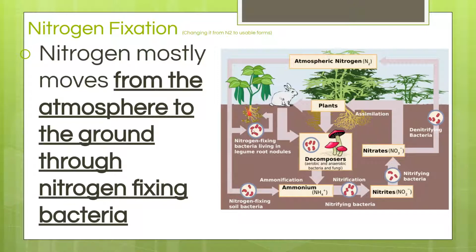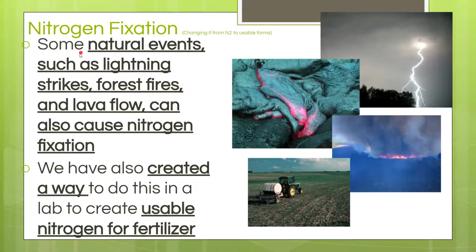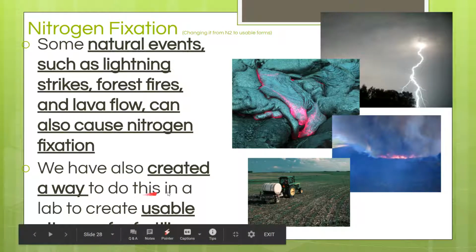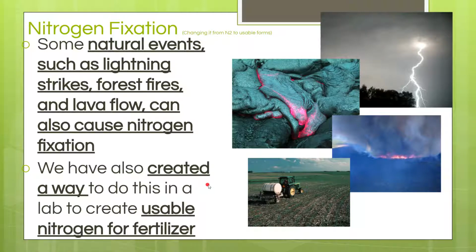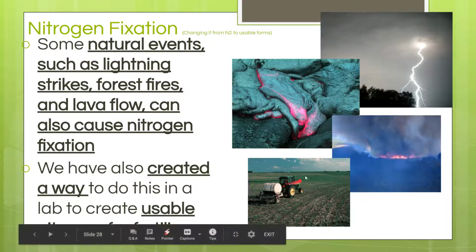So we have nitrogen-fixing bacteria living in the legume root nodules. This is primarily where nitrogen fixation occurs. It also occurs through some natural events such as lightning strikes, forest fires, and lava flows. There's a way to do this in a lab, to create usable nitrogen for fertilizer. So that's what I've got right here.